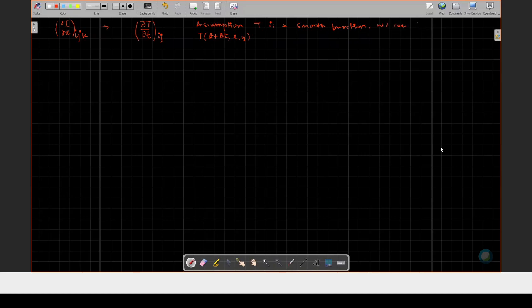We can find T around small t, x, y. So the same is true for the time derivative also.